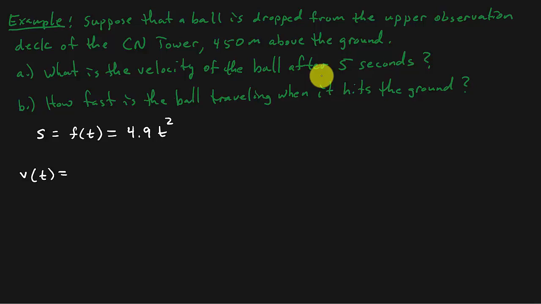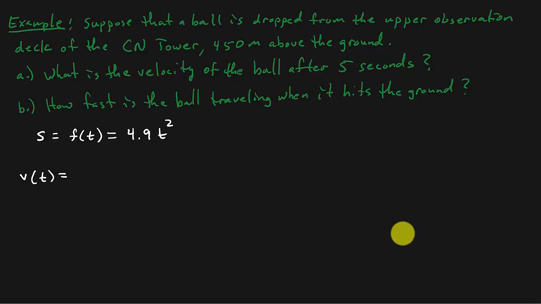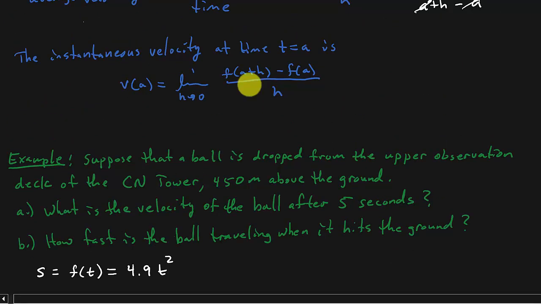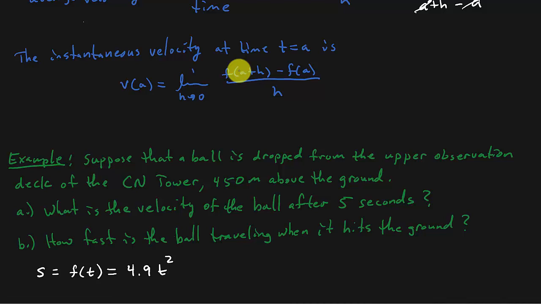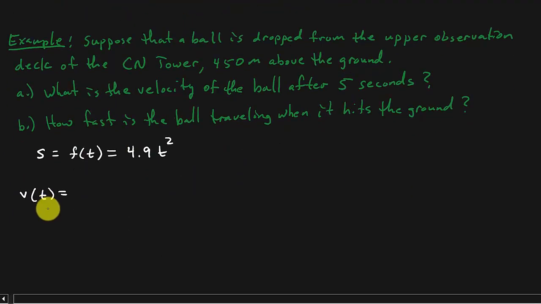what's the velocity at 9 seconds? You don't want to keep doing this over and over, putting in the 5 and then the 7 and then the 9. So we're going to find the velocity function at any time t, and then once I find that velocity function, all I have to do is plug in whatever time they want.